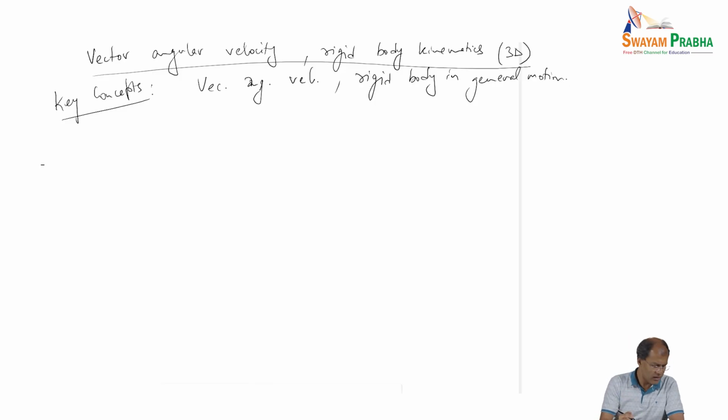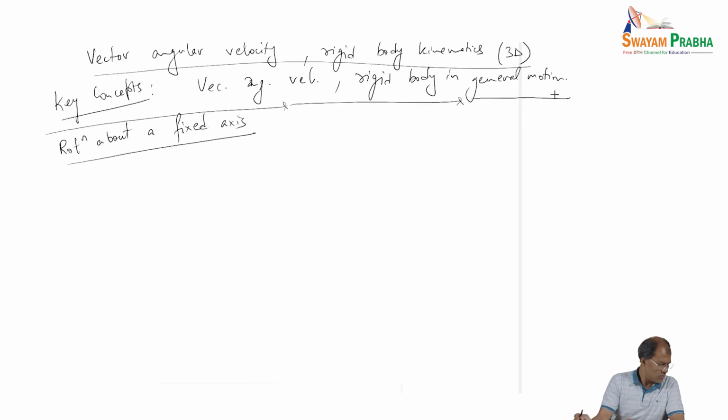The first thing that I would like to point out is the rotational motion about a fixed axis. Let us revisit the definition of a rigid body again.